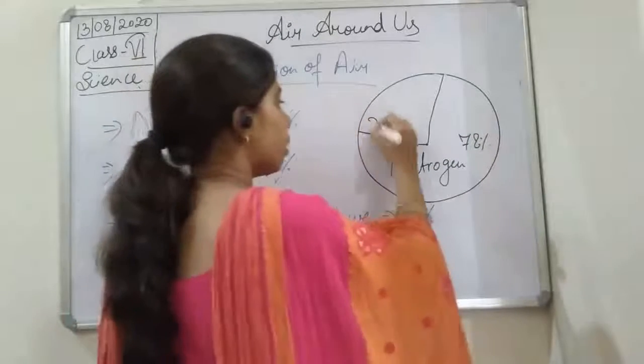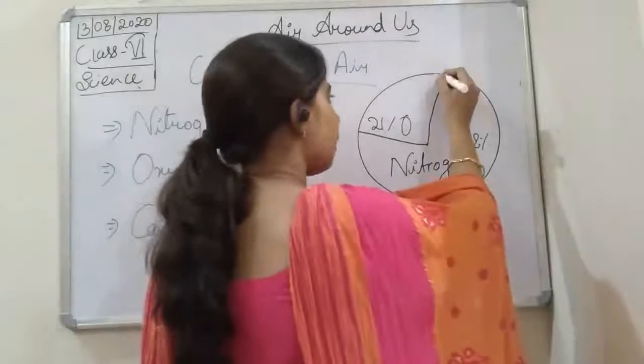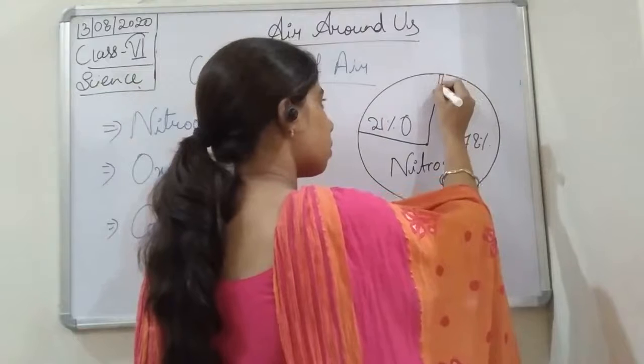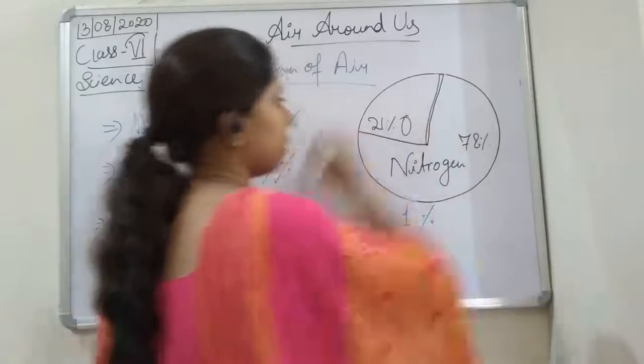Out of that, 21% of oxygen is present, students, and a very small percentage of other gases, this much.